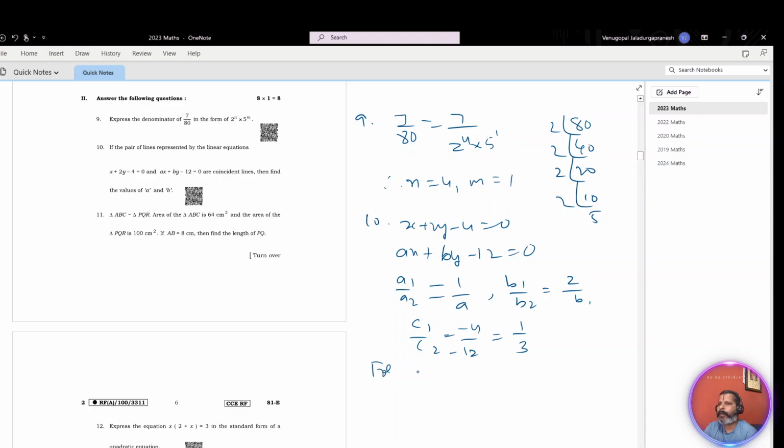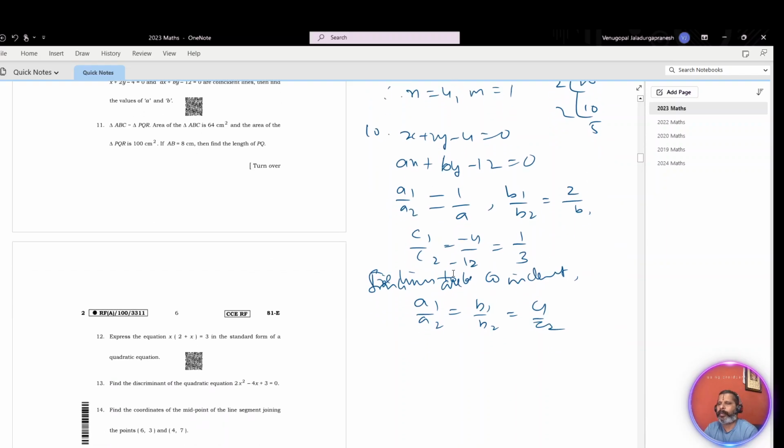Since the lines are coincident, we have the condition a1 by a2 equal to b1 by b2 equal to c1 by c2. All three should be equal. Just substitute the values: 1 by a, 2 by b, 1 by 3. You take two equal ratios, all three are equal now.